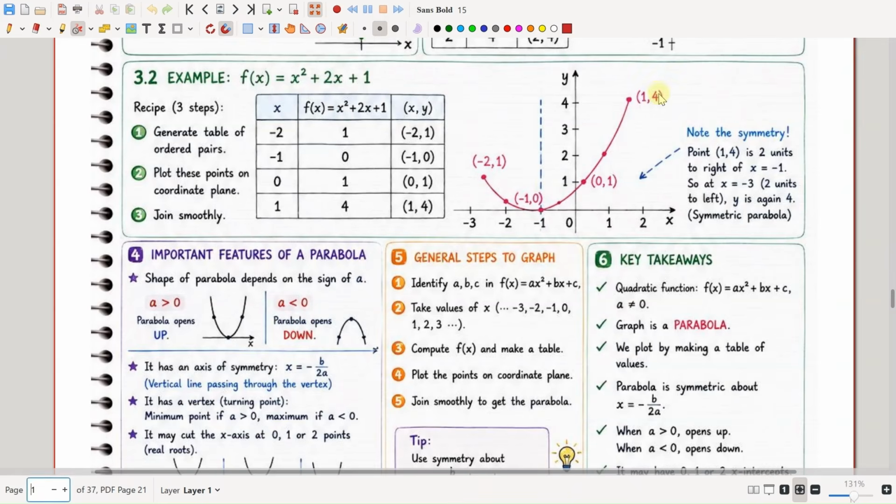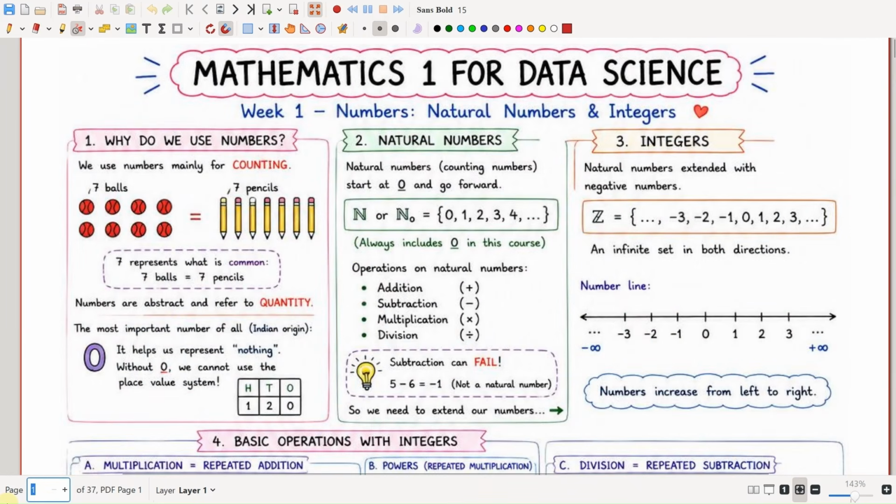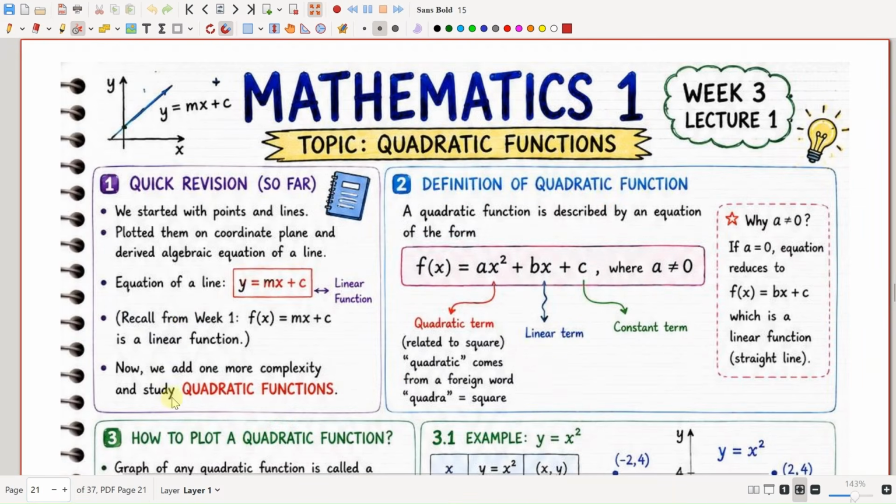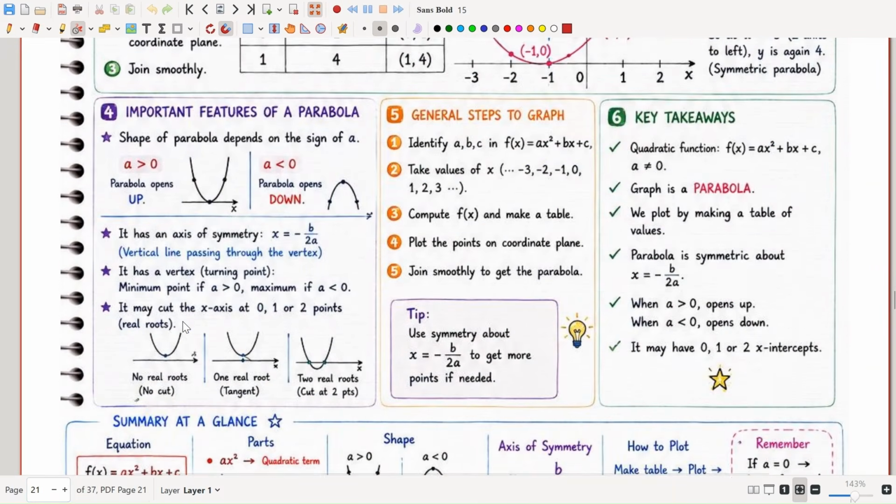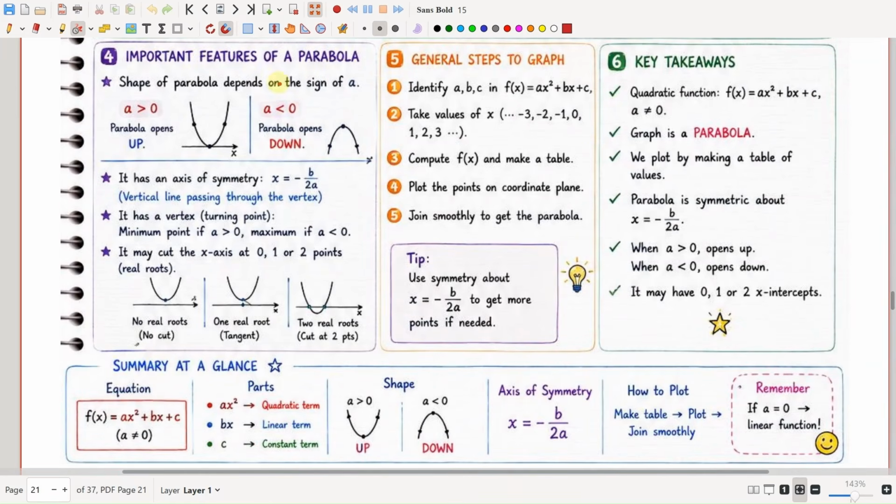Okay, so let's see all the important features of the parabola. The shape of the parabola depends upon the sign of a. We saw that a quadratic equation has the general form f of x is equal to ax squared plus bx plus c.